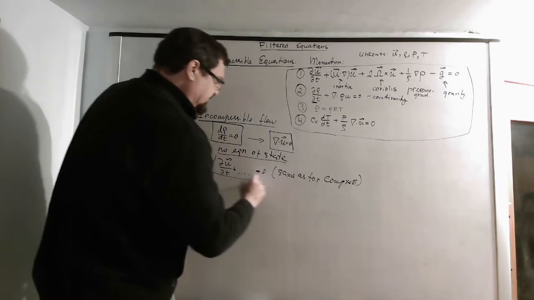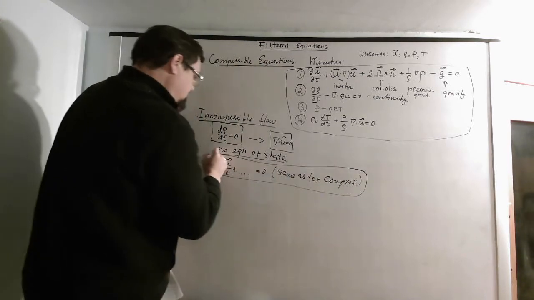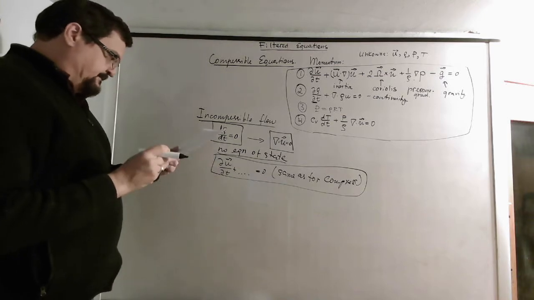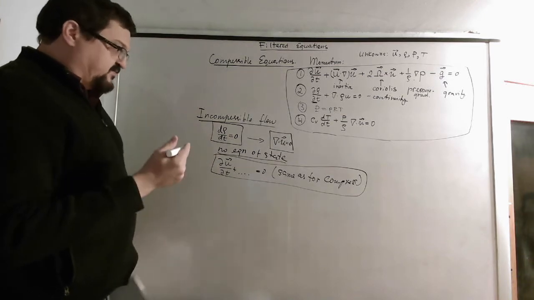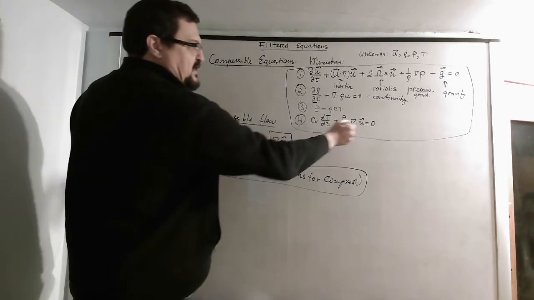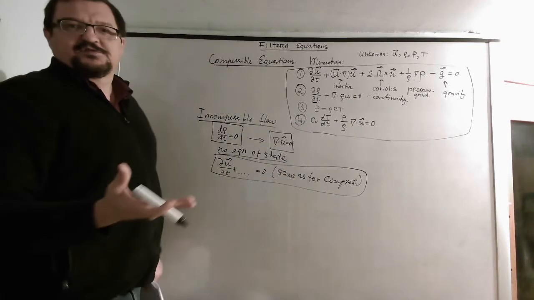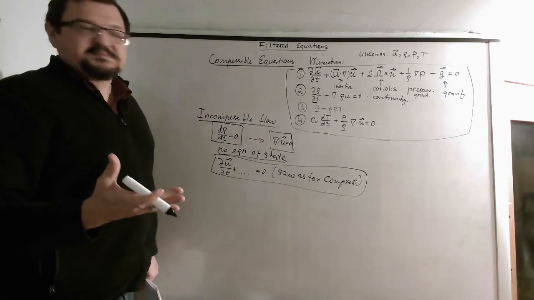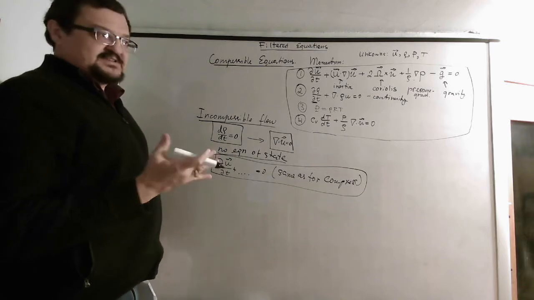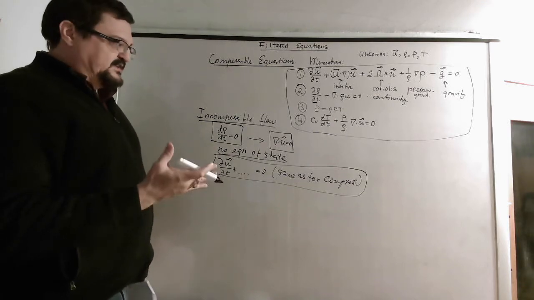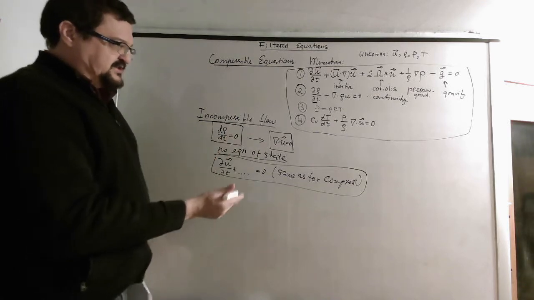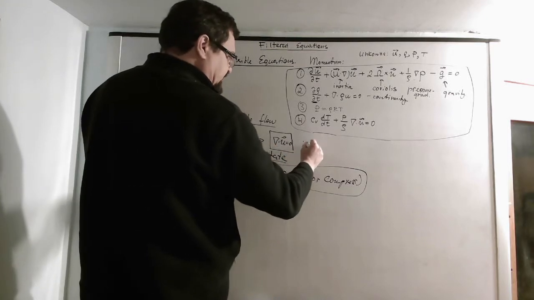So this is another equation. And of course there is no thermodynamic equation, which also requires compressibility, and we don't need it because all the information is contained in these three equations, because we have only three unknowns.